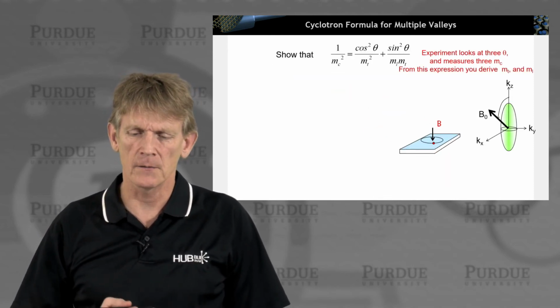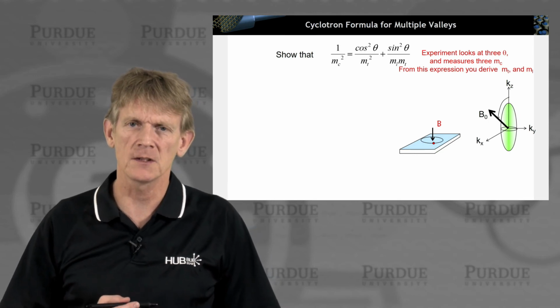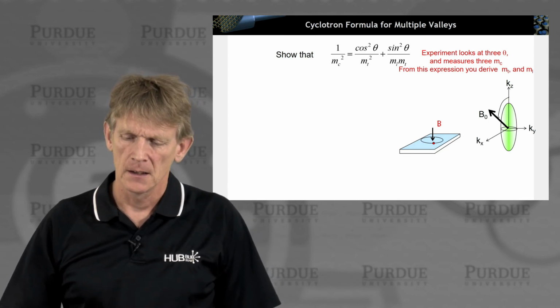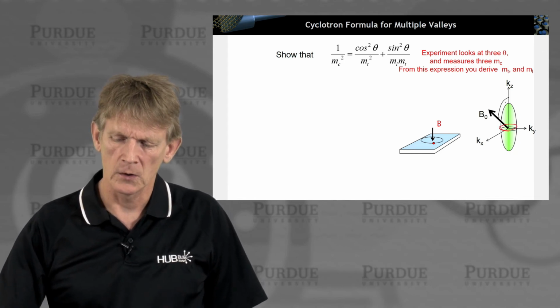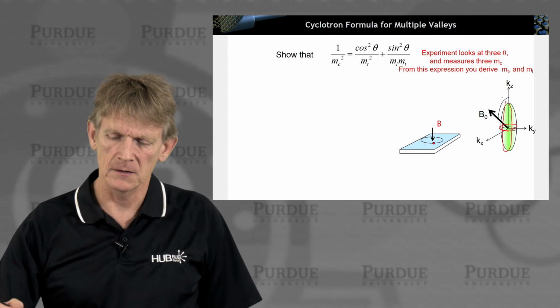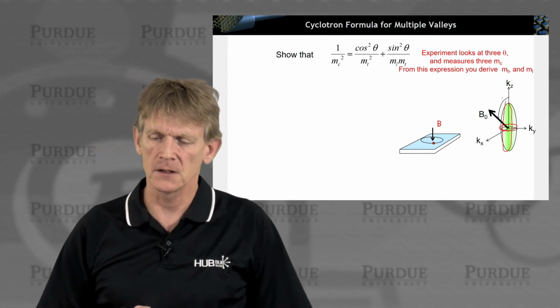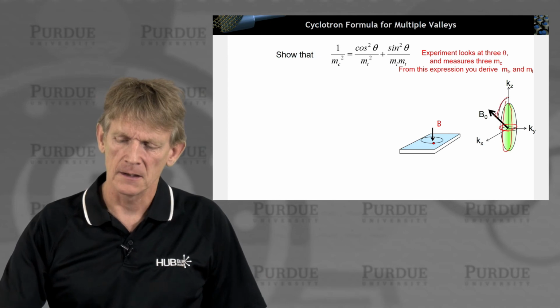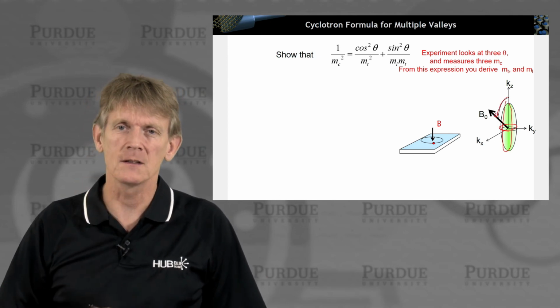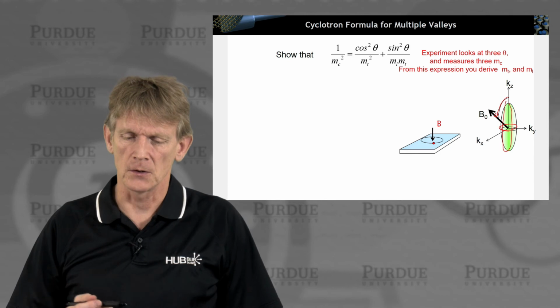You can derive something called a cyclotron frequency, where you divide the rotation that you can have in the system along the long and the short axis, and any mixture thereof, into contributions that have to do with the angle theta that the magnetic field takes with these ellipsoids.